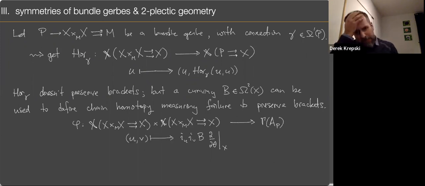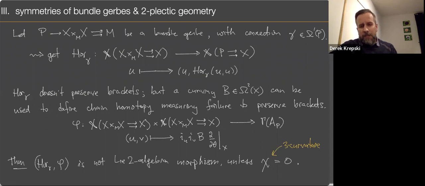And recall that, just by this formula here, this d by d theta is just the generating vector field for the S1 action on P. Recall our morphisms of Lie 2 algebras were set up so that you have your chain map as well as your chain homotopy that measures failure to preserve brackets. So one might suspect that the data of the horizontal lift and the curving combine to give you a Lie 2 algebra homomorphism, but this is not the case unless your 3-curvature is 0.